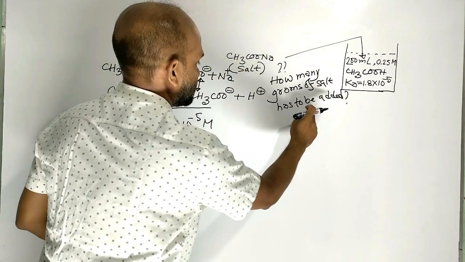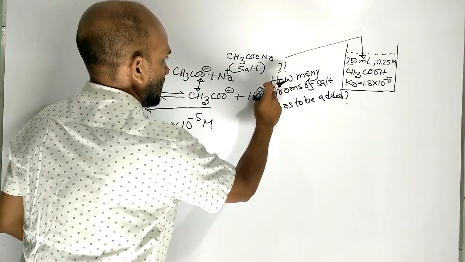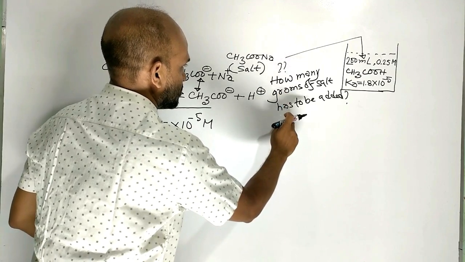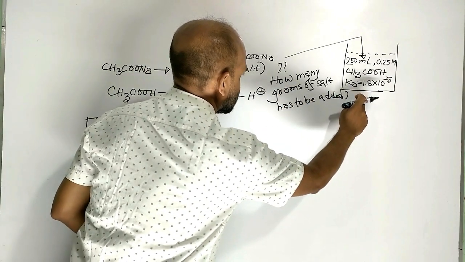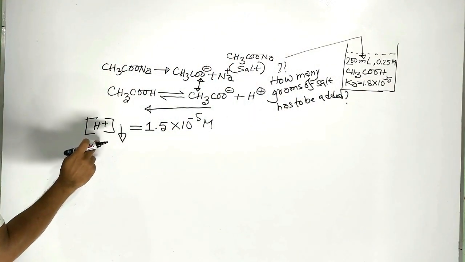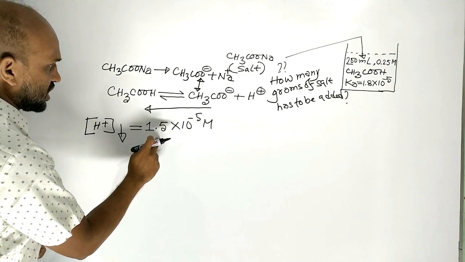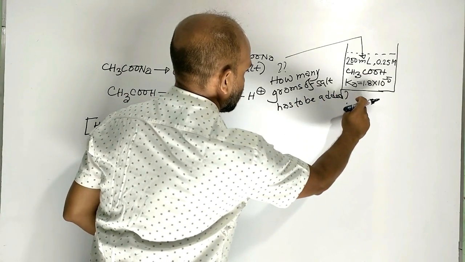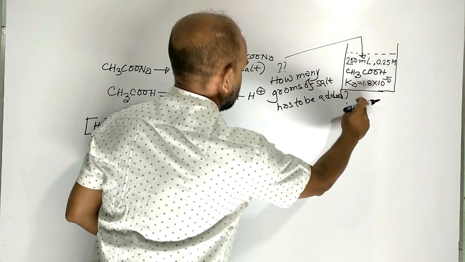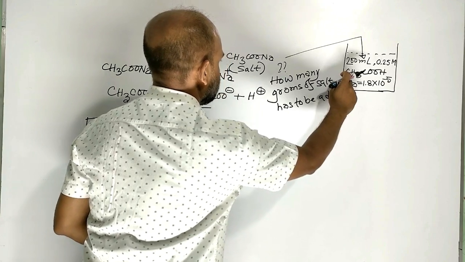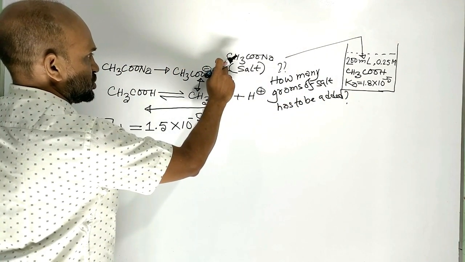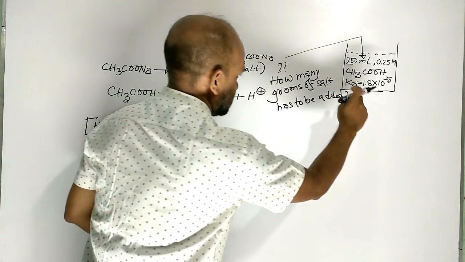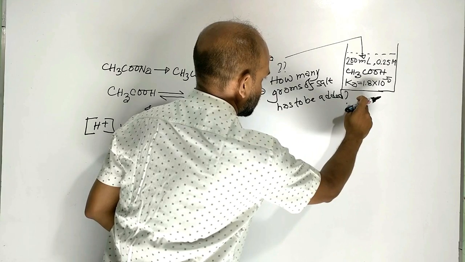We have to find how many grams of salt has to be added to this solution when the concentration of hydrogen ion is 1.5 times 10 to the power minus 5 molar. This is a kind of acidic buffer solution of weak acid and its salt.